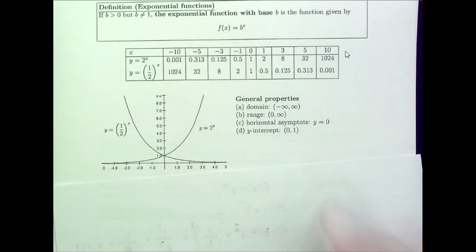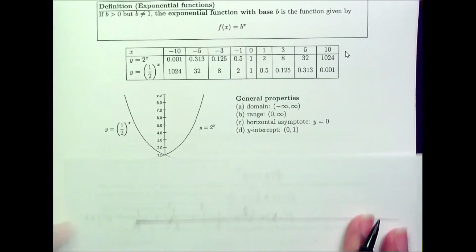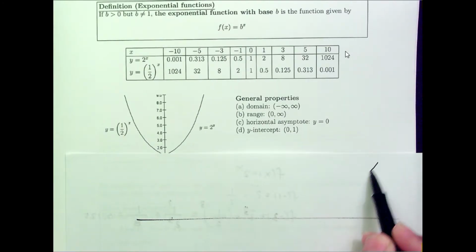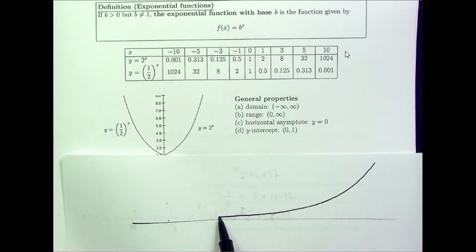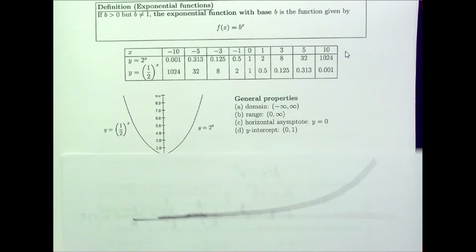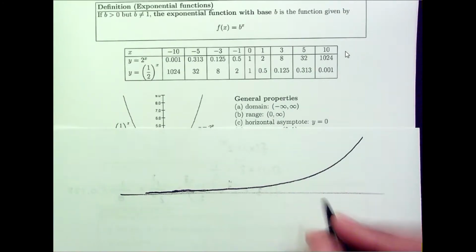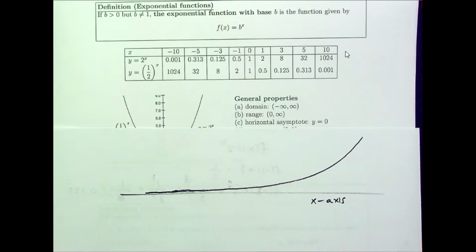So if you keep moving all the way to the left, the graph keeps getting closer and closer and closer to the x-axis. It doesn't really ever touch it, but it gets closer and closer indefinitely. Okay, that's an asymptote. In this case, we're saying that the x-axis is a horizontal asymptote.